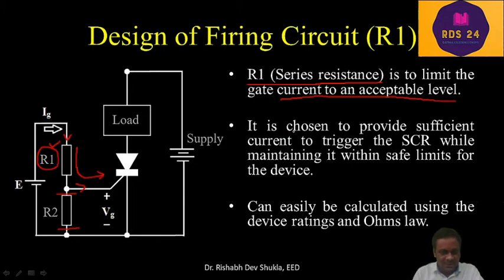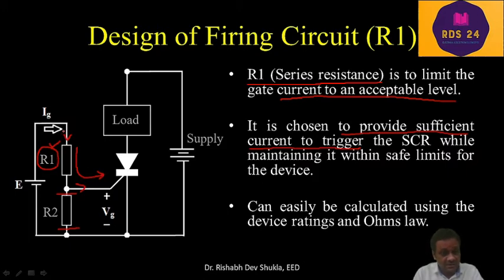So how are we going to calculate it? This can be taken as a gradient of this load line. Already discussed it. Go back and you can have the citation. And also it is to provide a sufficient triggering current. That means it is chosen very optimally. It cannot be so high, it cannot be so low. If it is too low, it will create a damaging current.